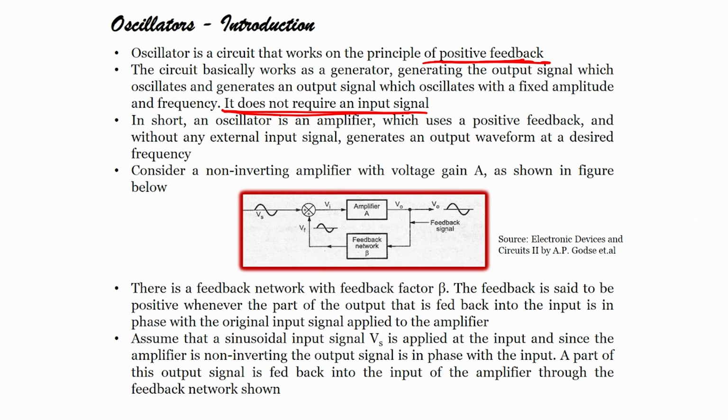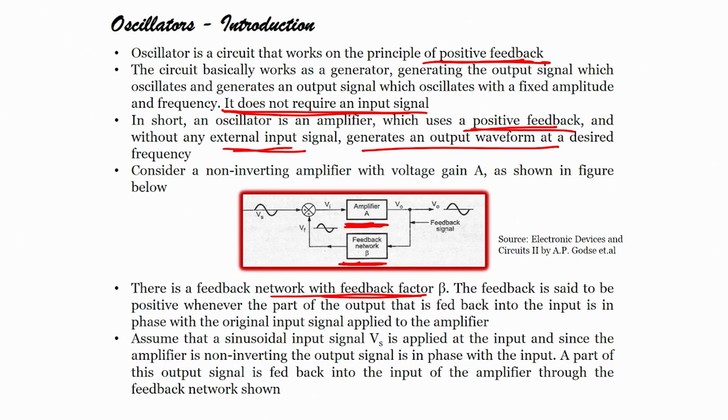In short, an oscillator is an amplifier which uses positive feedback and, without an external input signal, generates an output waveform at a desired frequency. If I consider a non-inverting amplifier with voltage gain A, there is a feedback network with feedback factor beta.